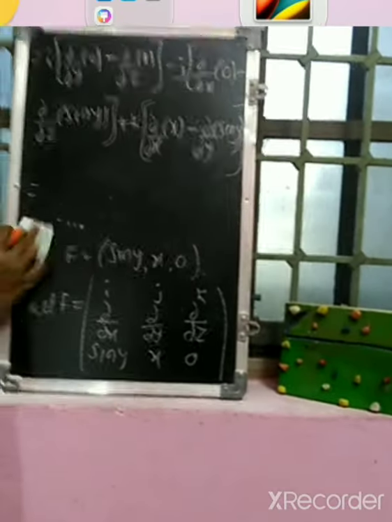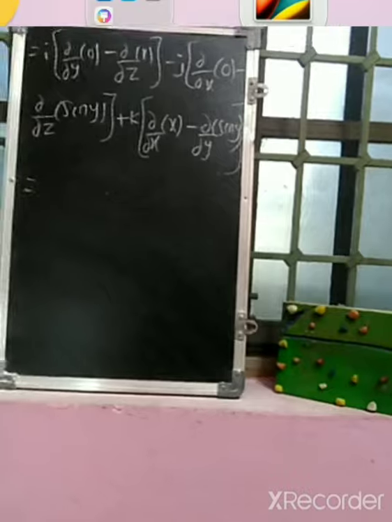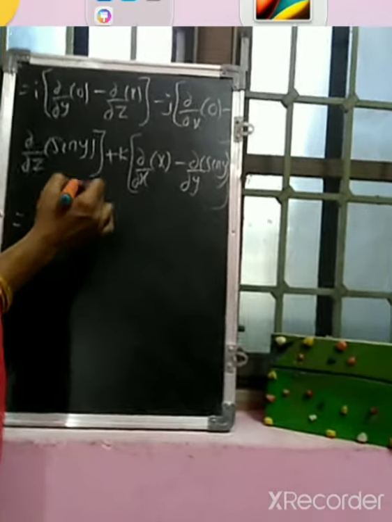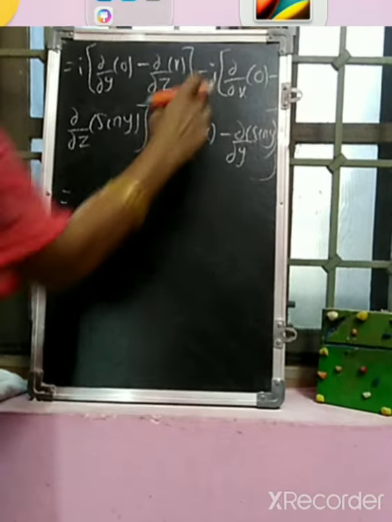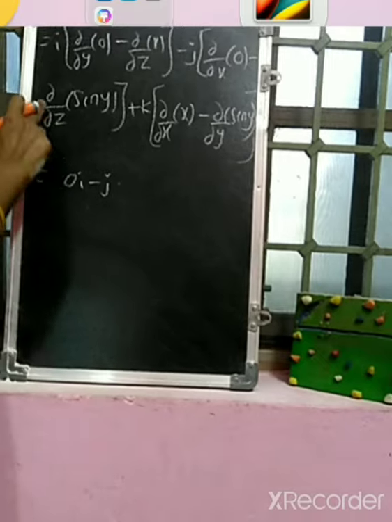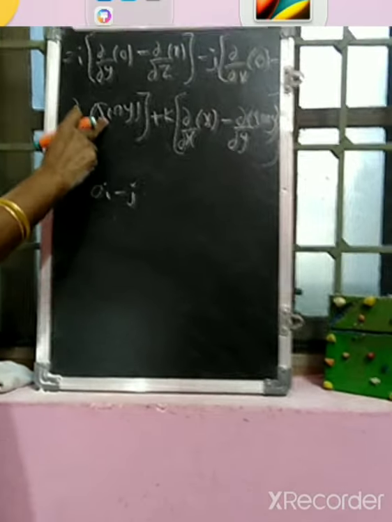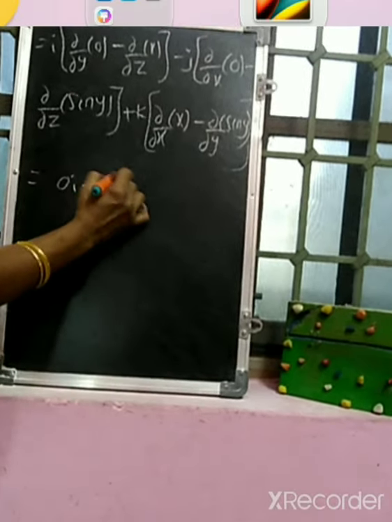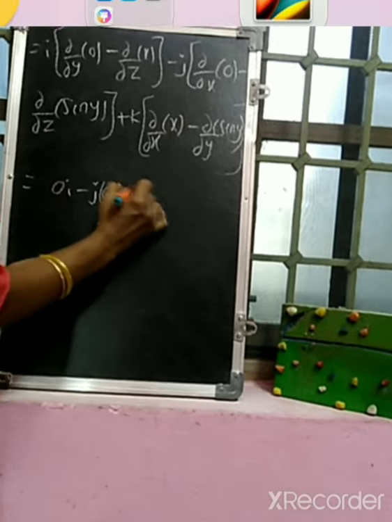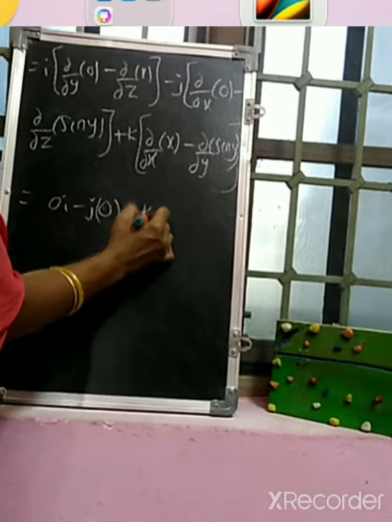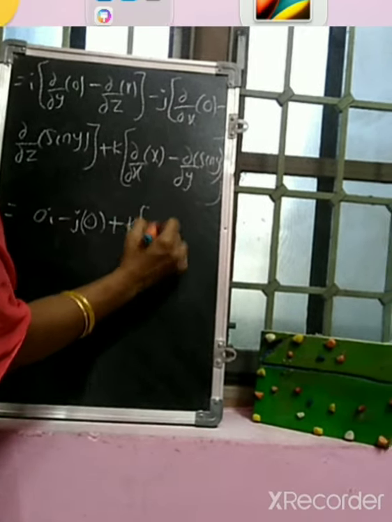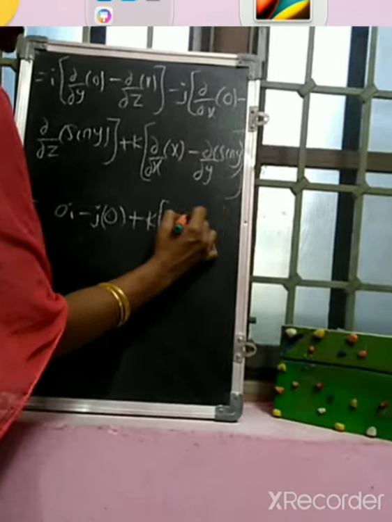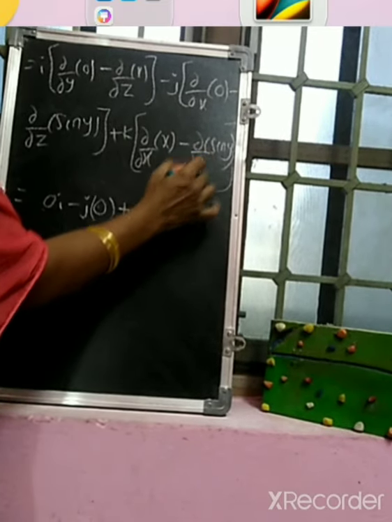Here this is 0 and this is also 0, so that is 0i. Minus j into 0, since with respect to z, sin y is also 0. Plus k into (dou by dou x of x, which with respect to x is 1, minus dou by dou y of sin y).